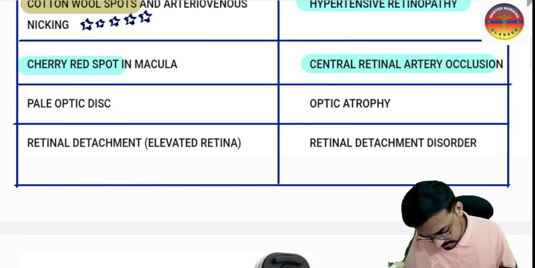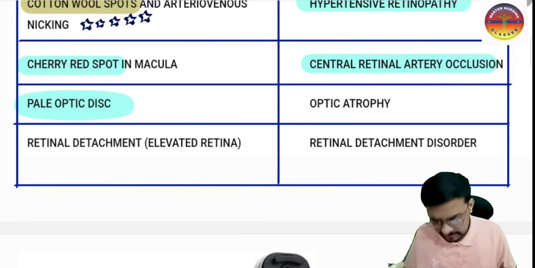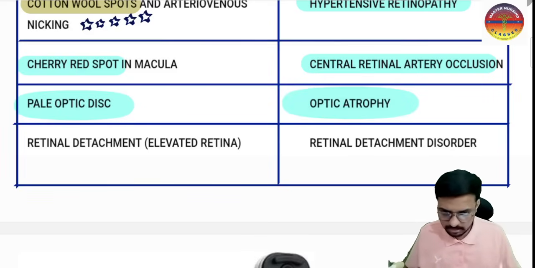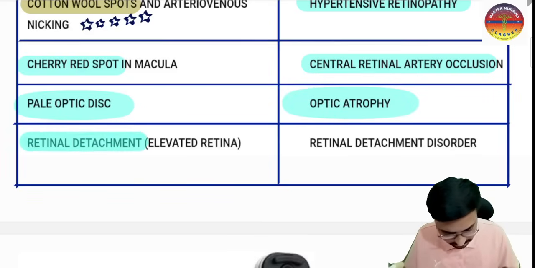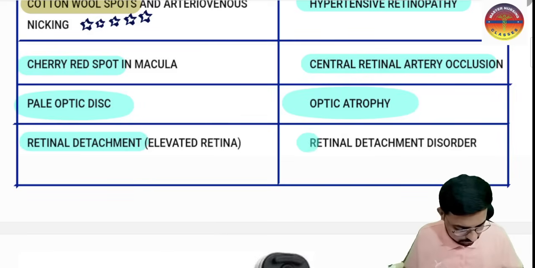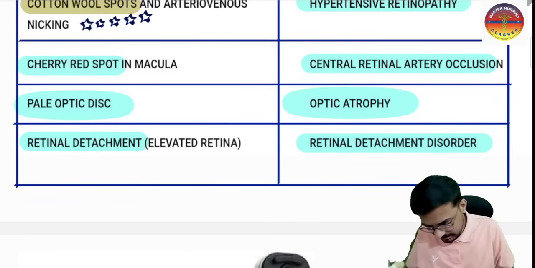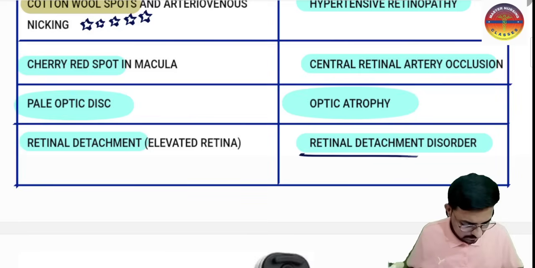A pale, discolored optic disc means optic atrophy has happened. And when the retina looks detached, it is seen in retinal detachment disorder.